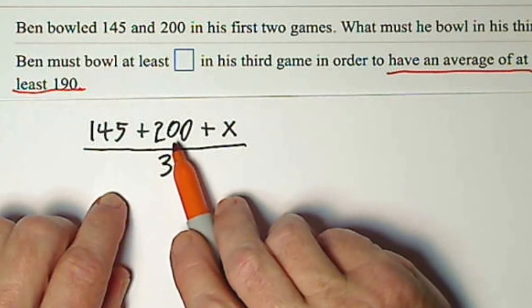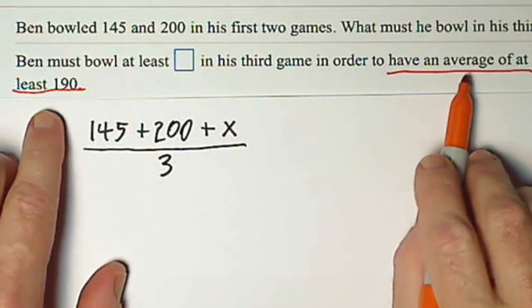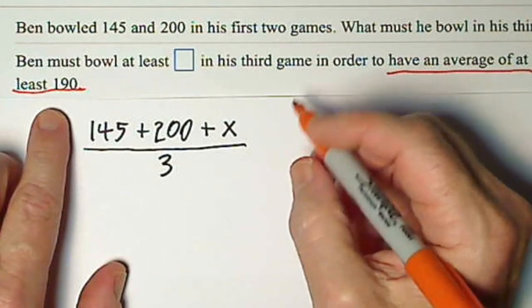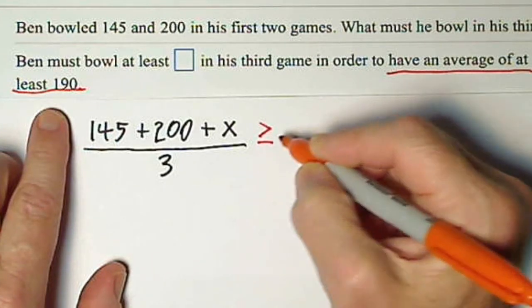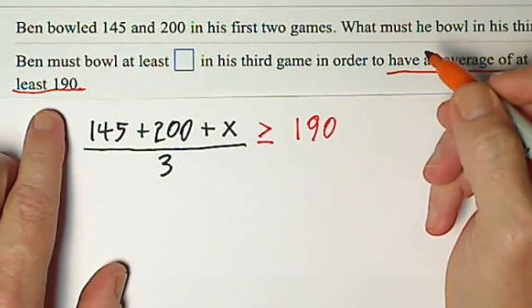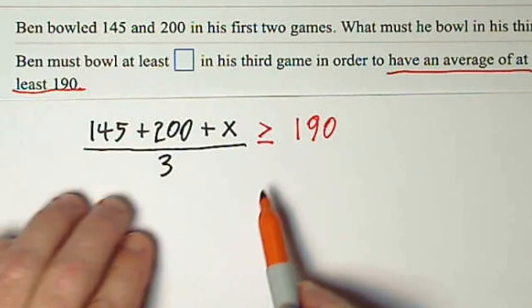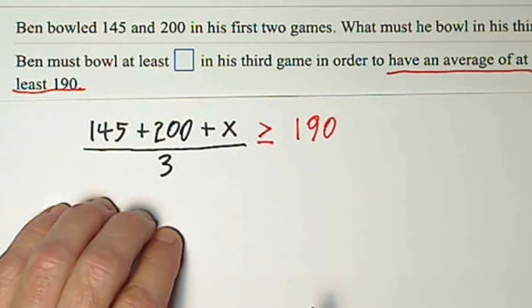But anyway, it can be anything over, let me see, got to be careful with this, have an average of at least 190. So it could be equal to 190 or greater than 190. So this is his average. It has to be greater than or equal to 190.